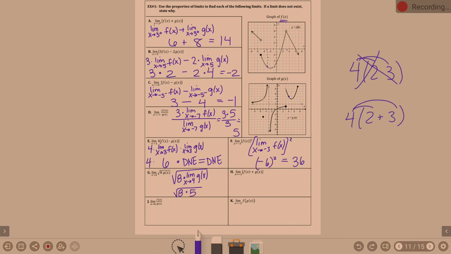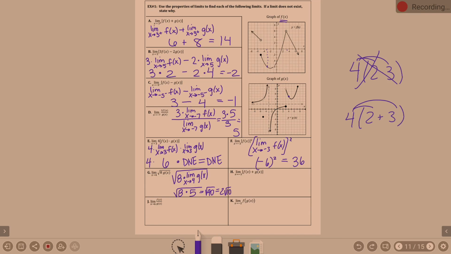Square root of 8 times 5. Square root of 40. For review, what else is that? 2 square root of 10, because 4 is a perfect square, yes? Not that we had to go that far, but on the flip side, I need to review some basic math facts with you. That's been a minute, right?